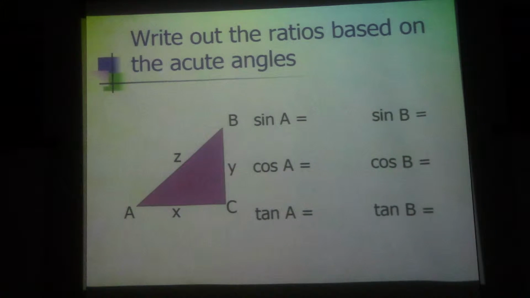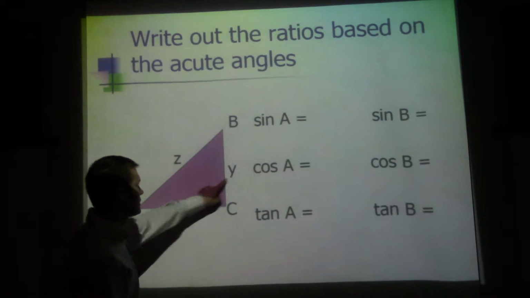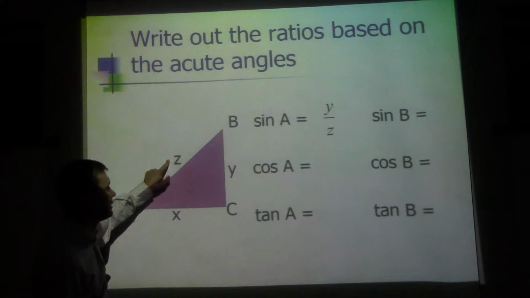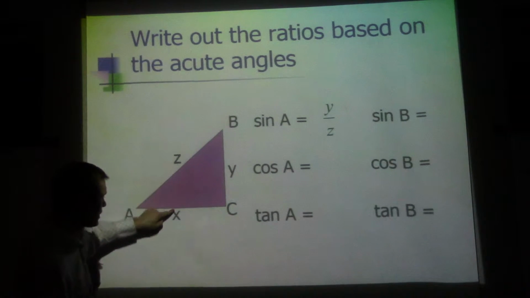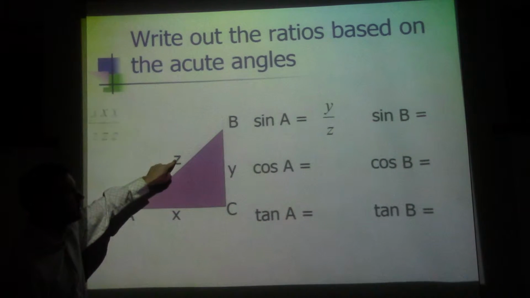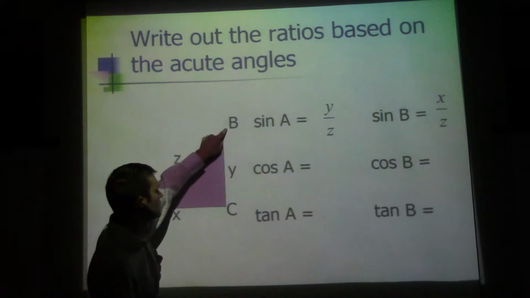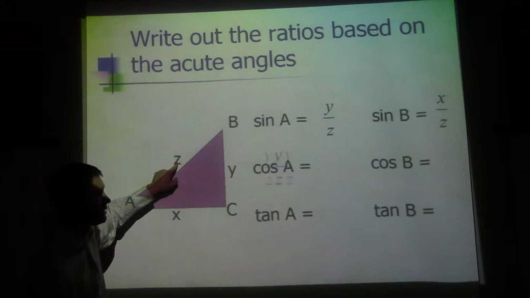So if we look at this, we want to find sine of angle A. Angle A is opposite over hypotenuse, so y over z. Then sine of angle B is opposite x over z. Then cosine of angle B is adjacent y over hypotenuse z.